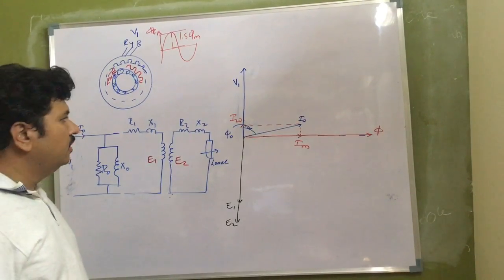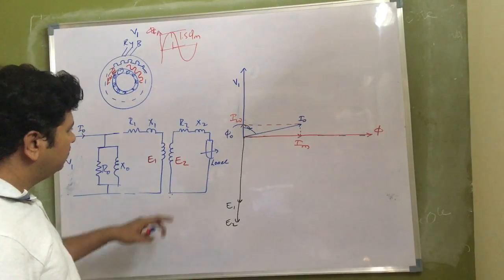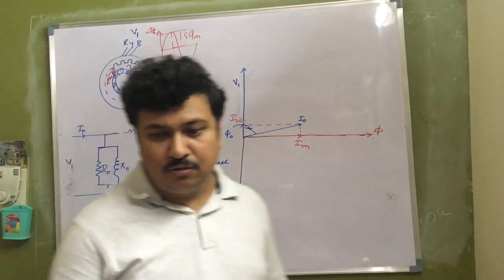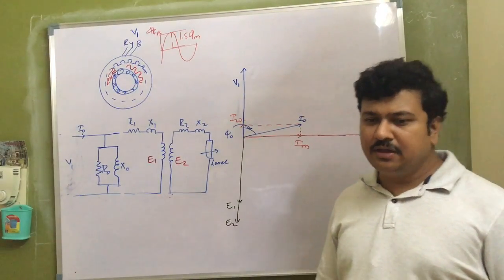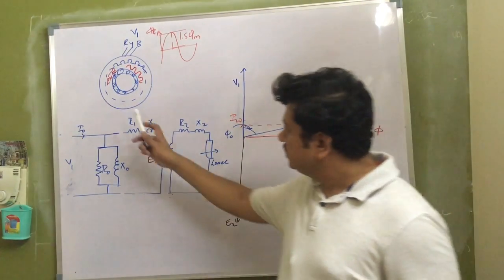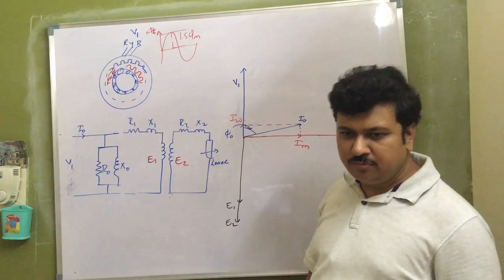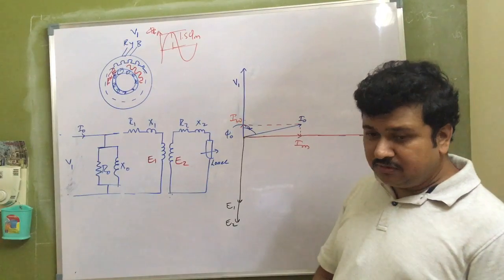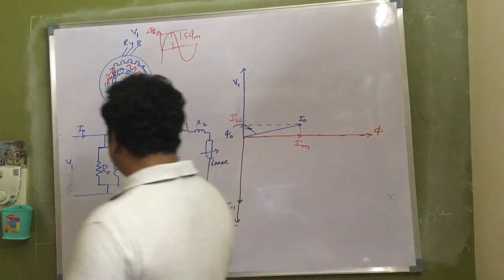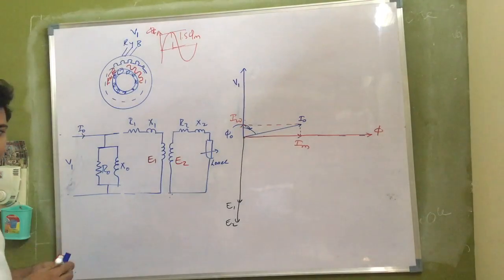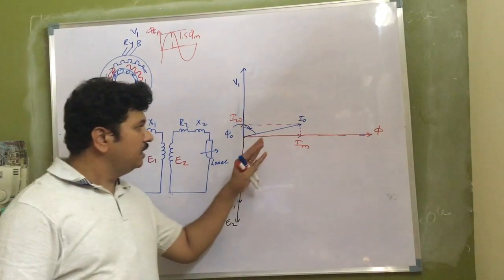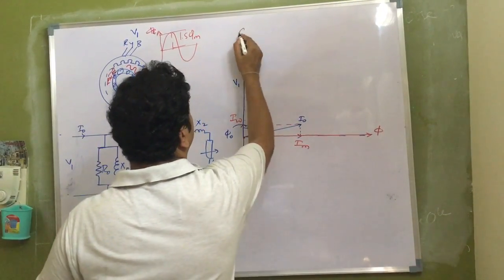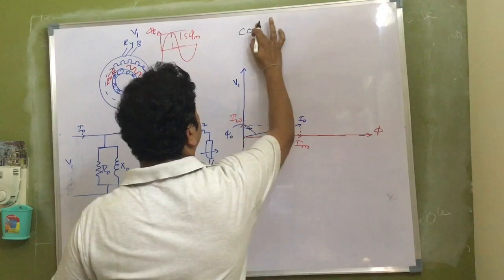Now, when the current is drawn by the load, the current is drawn from the stator. Now I0 is the current drawn at no load. Now let us see what is the power factor, cos phi naught.